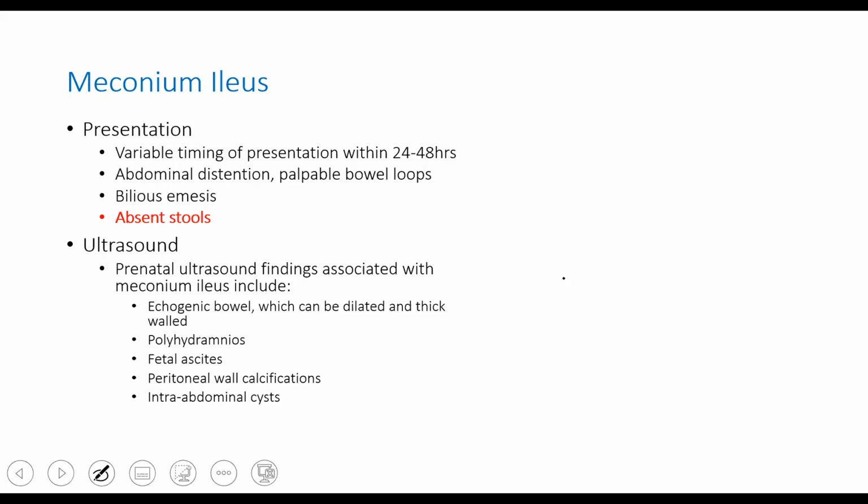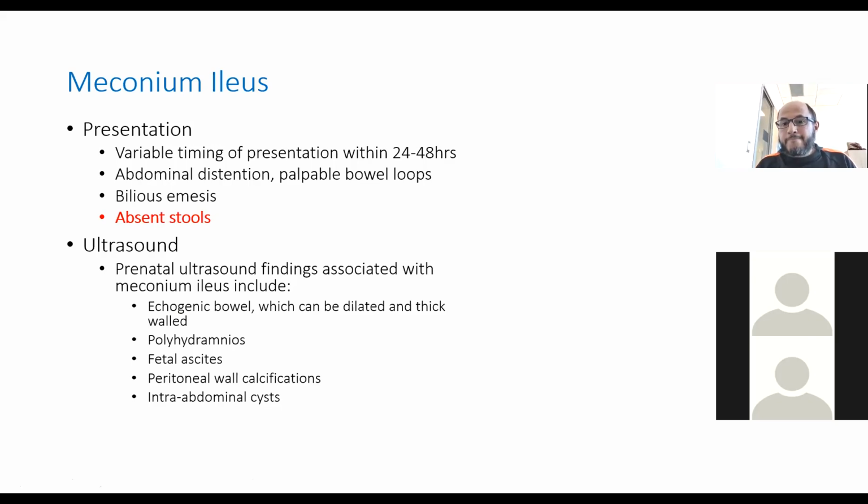Usually a baby passes meconium within the first 24 hours of life. If the baby does not pass meconium beyond 2 days, then you think of either meconium ileus or Hirschsprung disease. So here we need to differentiate between both.